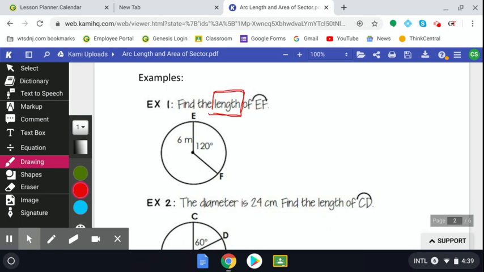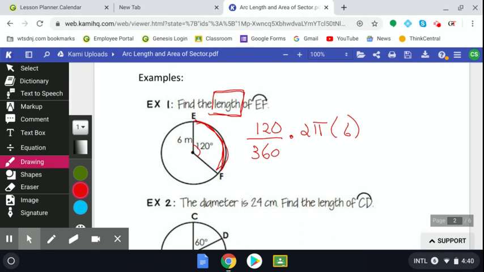So it's going to be the portion of the circle. EF is just this part. So what is the degree measure of that portion of the circle? Should be 120 over 360 times 2 pi times the radius, which in this case is 6.